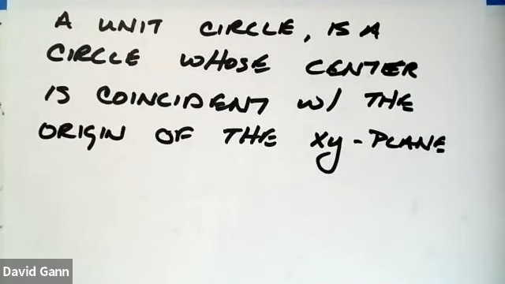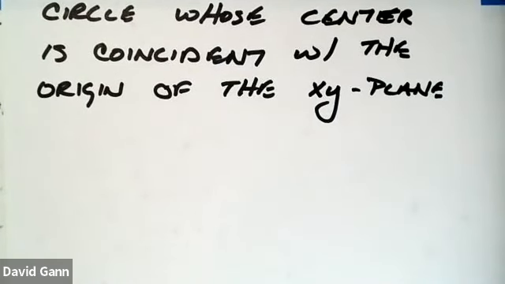Like I said, with how we started with thinking of angles in space, we positioned them so the initial side is coincident with the x-axis. That's the same sort of thing that we're going to do here.